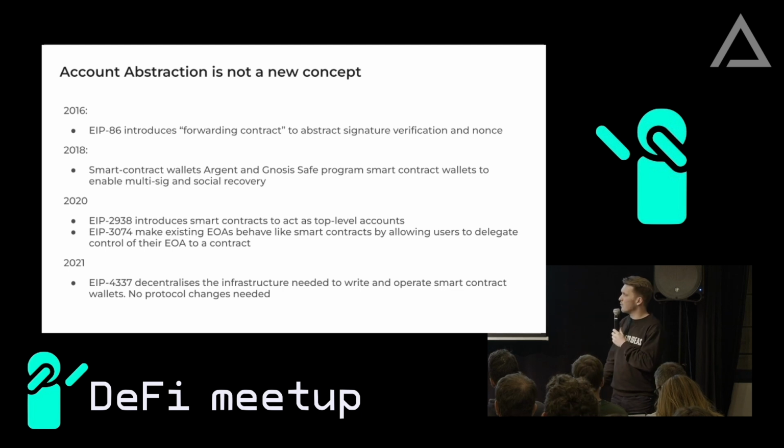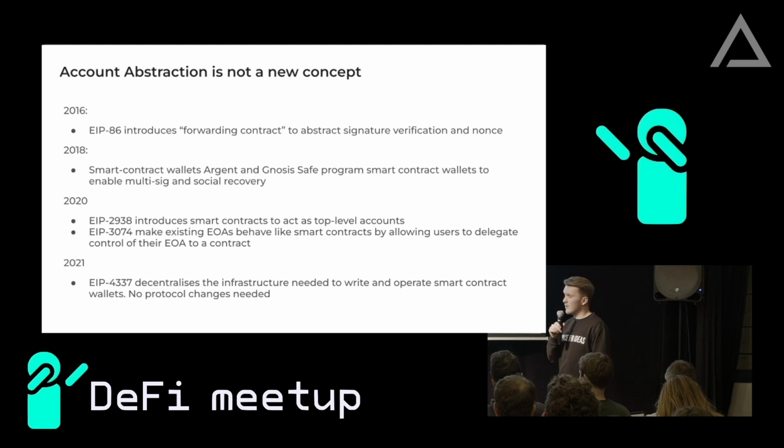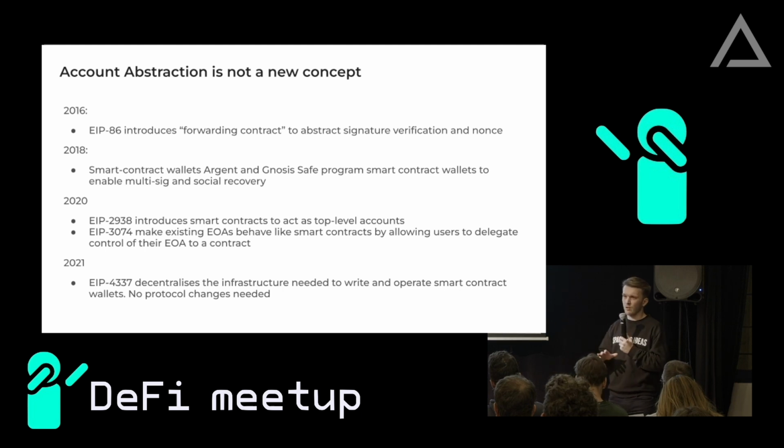Similarly, 3074 tried to do the same thing with EOAs. So it tried to make EOAs smart. Externally owned account becomes smart. Finally, in 2021, EIP 4337 came up with an idea to leave everything as it is. So no hard fork required. But it decentralized the infrastructure required to write and operate smart contract wallets, pretty much.